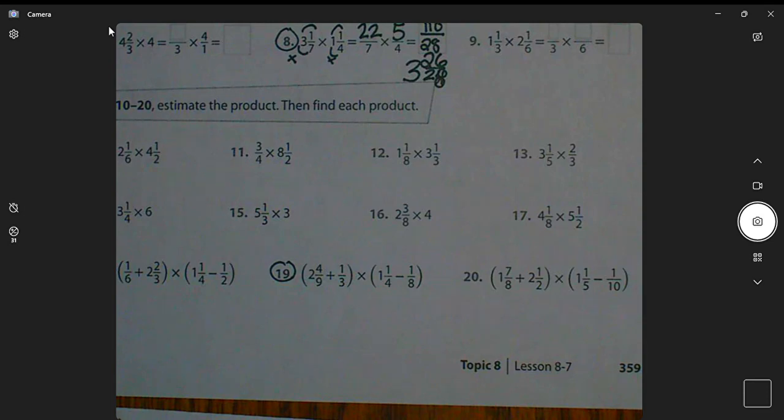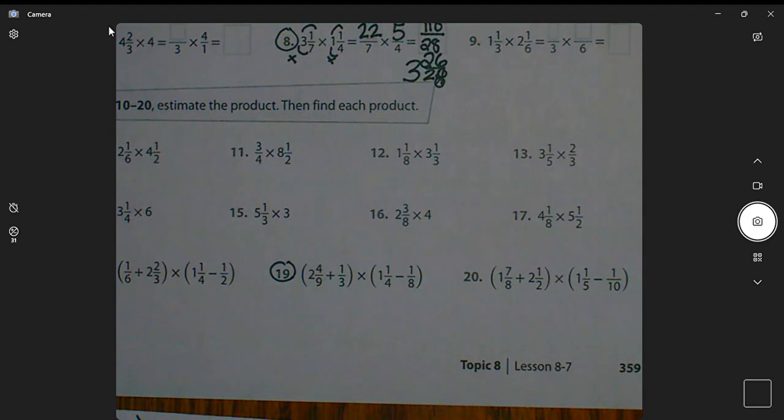So step 1, 2 and 4/9 plus 1/3. Well, this looks like a skill I know how to do. Do I see a multiple between my two denominators? Yeah. What's my multiple? You're right.